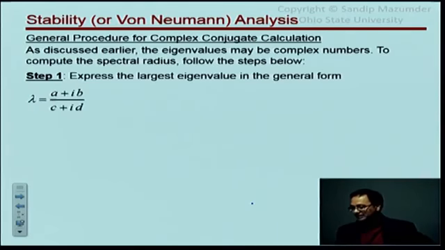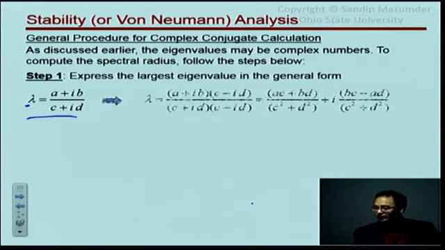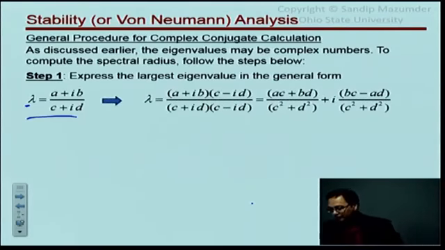You always decompose the complex number into this form first: a plus bi divided by c plus di. Okay? So I'll show you an example in a minute. When you do that, then the complex conjugate can be calculated in this way. First of all, to calculate the magnitude, you multiply numerator and denominator by c minus id.